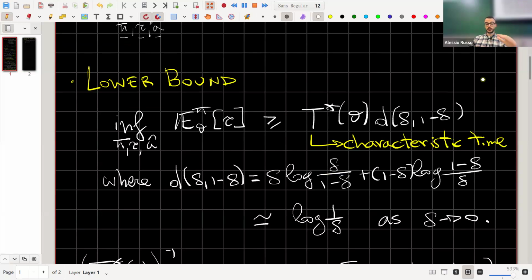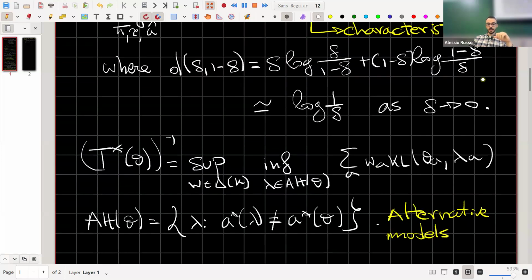Then we have the characteristic time. The characteristic time basically quantifies the number of samples that you need on average. And you can think of the inverse as some sort of information ratio. The inverse is the value of this optimization problem.